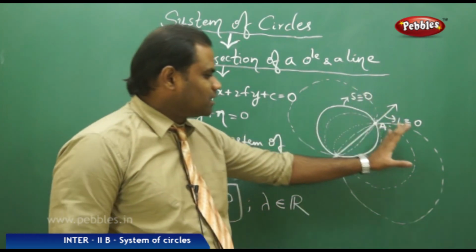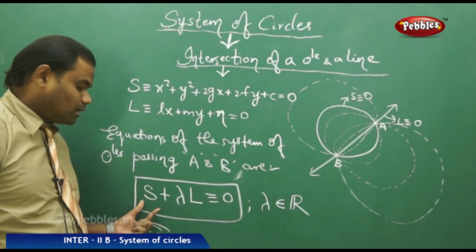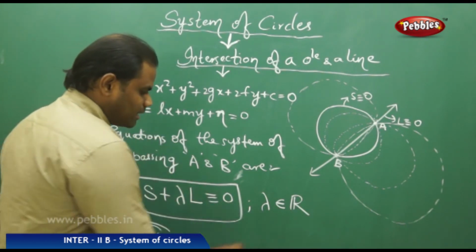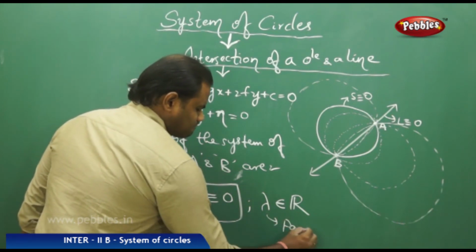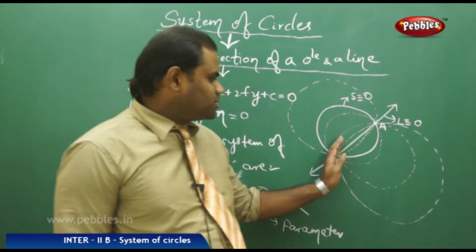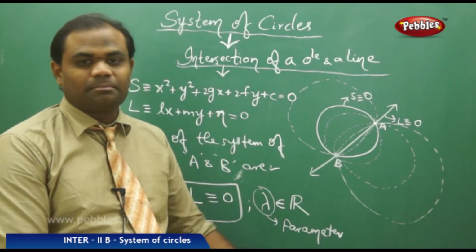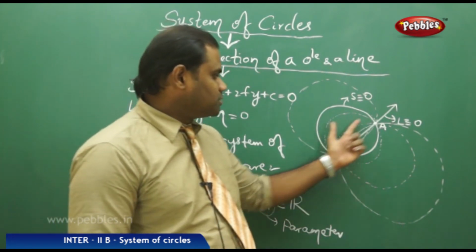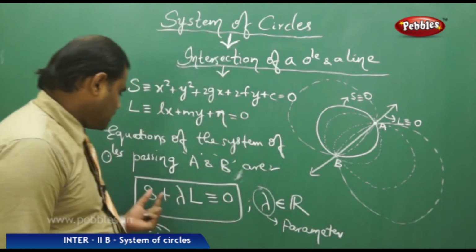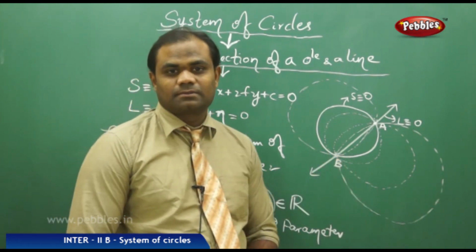So the system of infinitely many circles which can be formed passing through A and B is given by S plus lambda L equal to 0, where lambda is a real number and this lambda is called the parameter, because this value of lambda decides what is the position of the circle which is drawn through A and B. So lambda acts as the parameter which measures the circle which is drawn through A and B. This is how we understand the system of circles S plus lambda L equal to 0, which is the equation of systems.